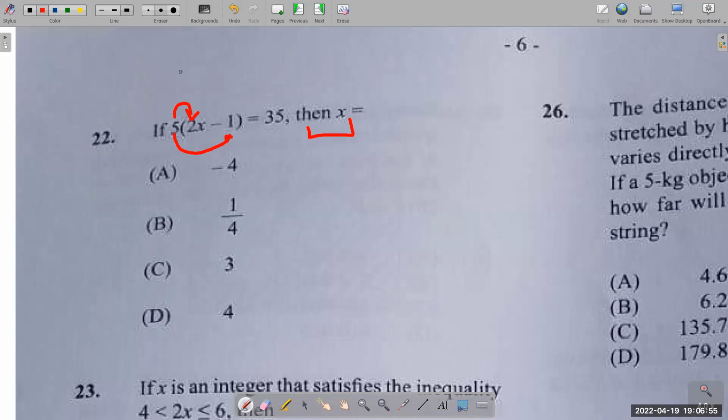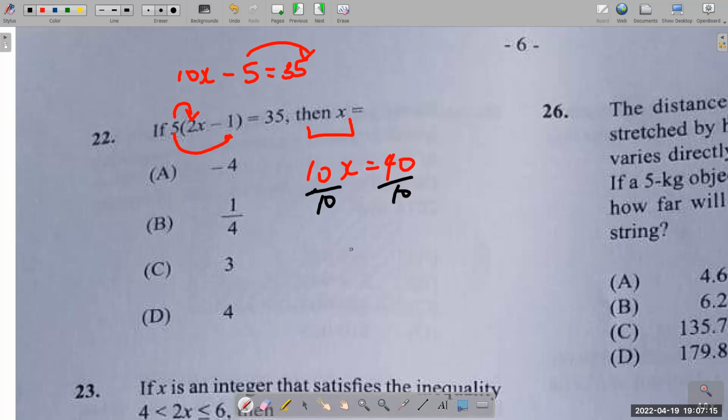So 5 times 2x is 10x minus 5 times 1 is 5, equals 35. Everybody following? We transpose. When this moves over, we end up with 10x equal to 40. I shouldn't have to explain why it's 40. We divide by 10 next. So we know x is equal to +4. Everybody with me?